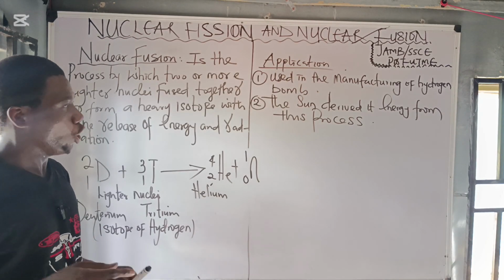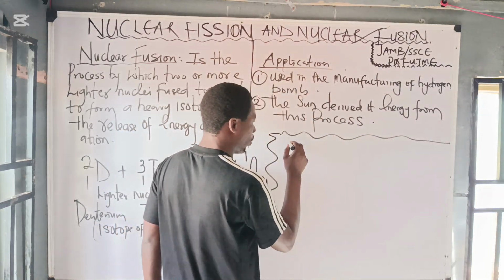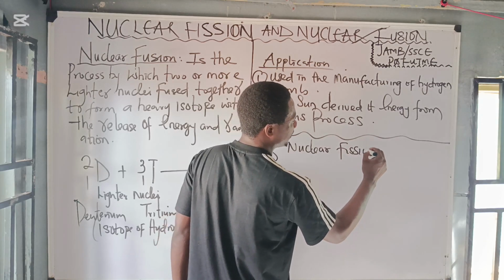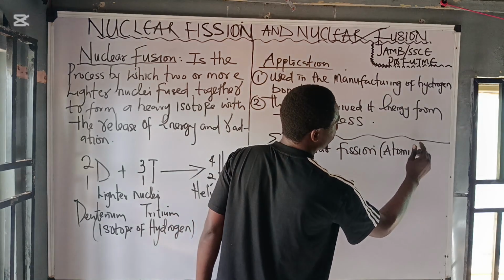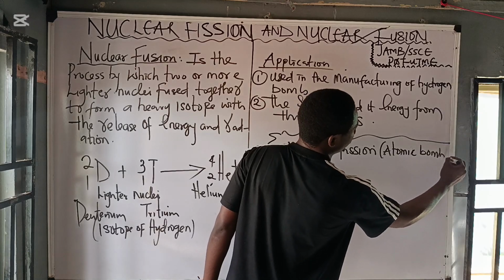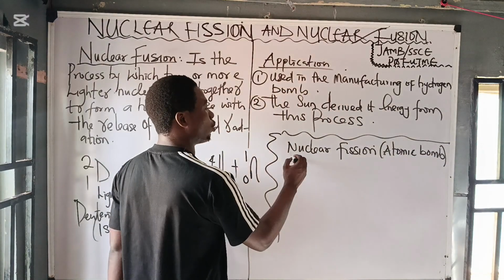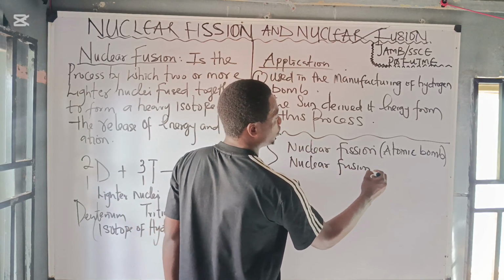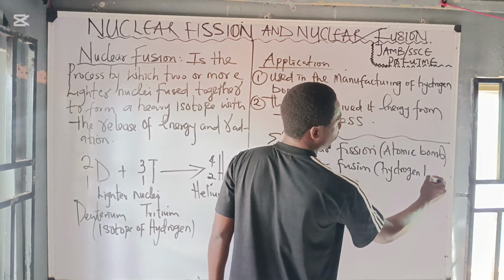Now, let's consider atomic bomb and hydrogen bomb. Please take note. Don't forget that when we talked about nuclear fission, we said that it is used to make atomic bomb. Then when we talk about nuclear fusion, we say it is used to make what? Hydrogen bomb.